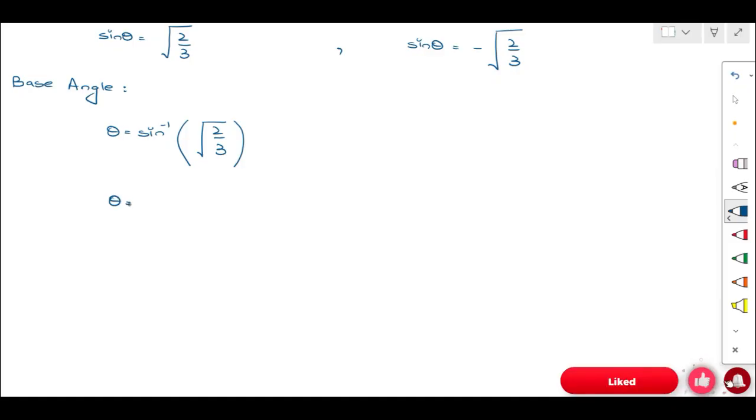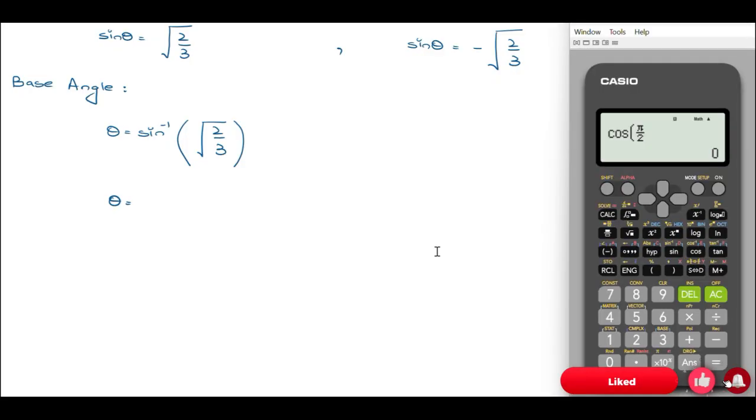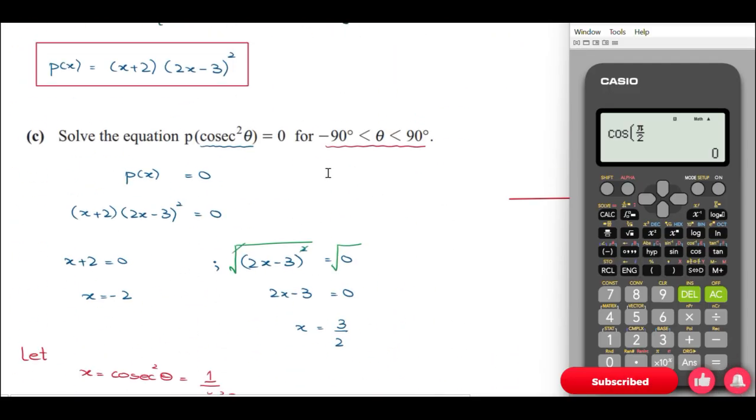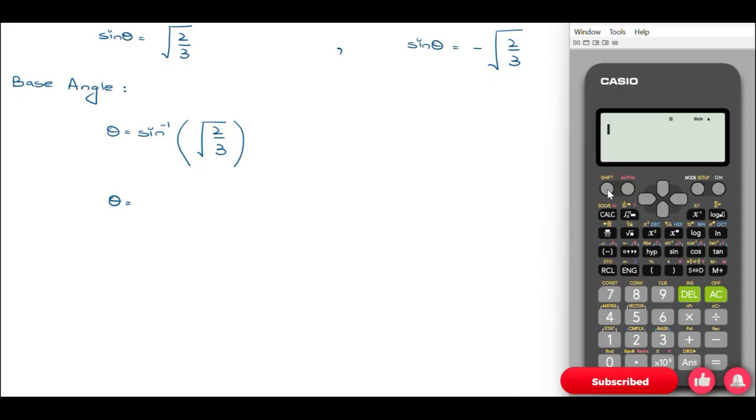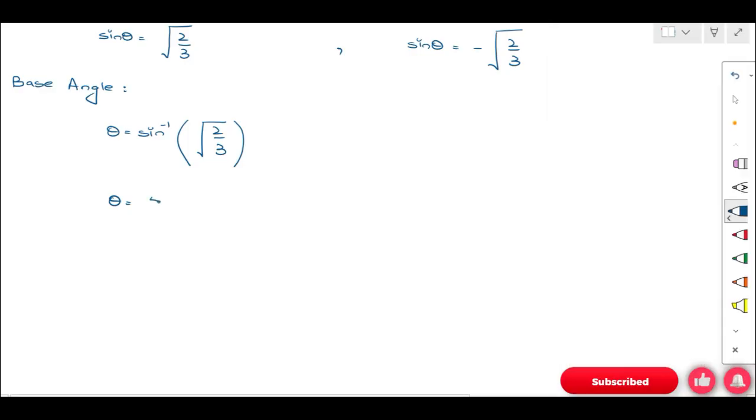So theta is your base angle. Let me solve this one. It should be in degrees, because the range is from minus 90 to plus 90. Yes. Let me convert it into degree mode, right? Now sine inverse of square root 2 by 3 is 54.7 degrees.